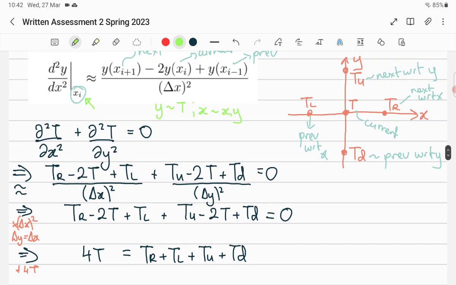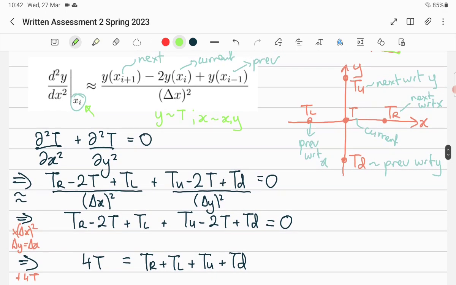So TR is the next temperature with respect to x, TL is the previous temperature with respect to x, if you assume this kind of axis. Similarly, TU is the next temperature with respect to y, and TD is the previous temperature with respect to y.